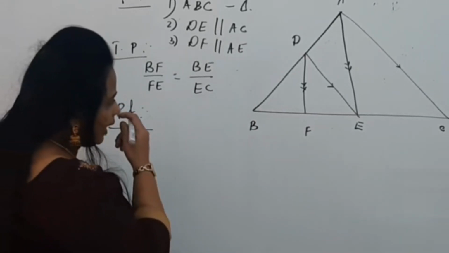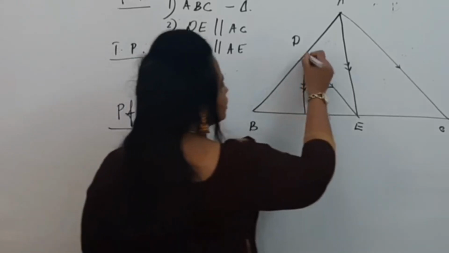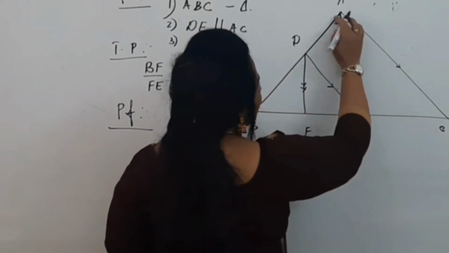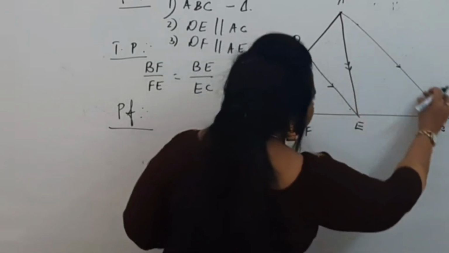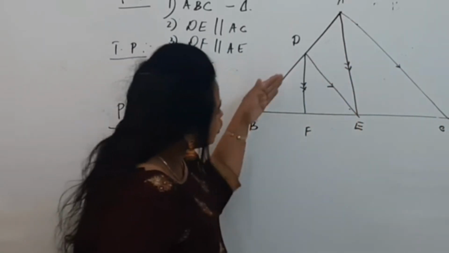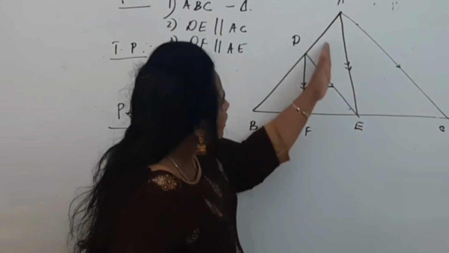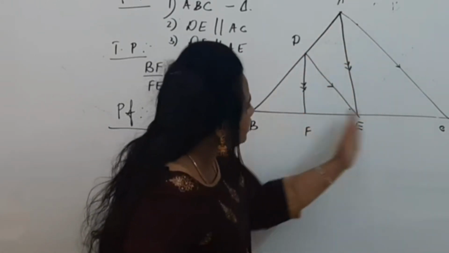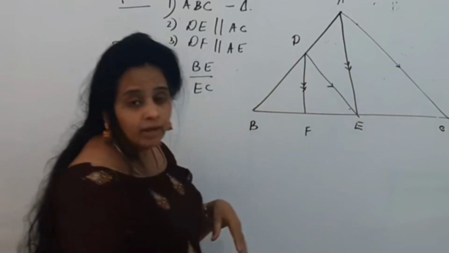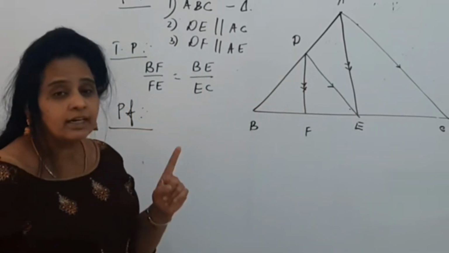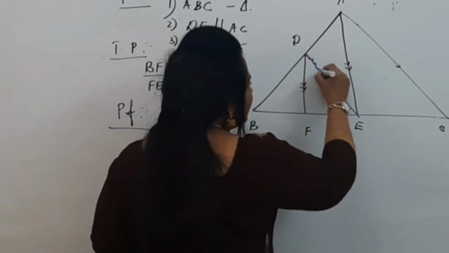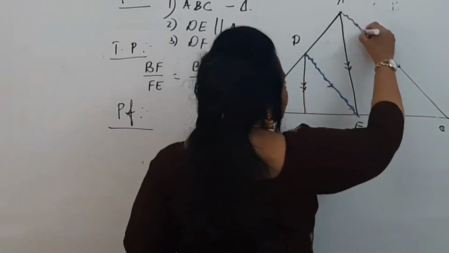DE parallel to AC. That means this is parallel to this one. So, these two lines are parallel. So, I have to consider this as one side of the triangle. Look at how you take the triangle. There are so many triangles: this one, this one, this one, and the bigger triangle. But you have to pick up exactly your triangle. So, which is your triangle? That is DE parallel to AC.